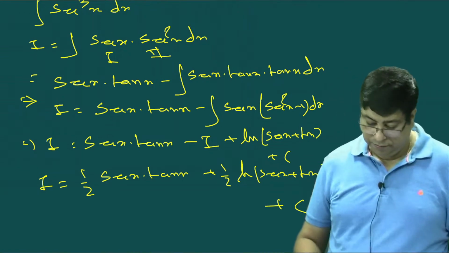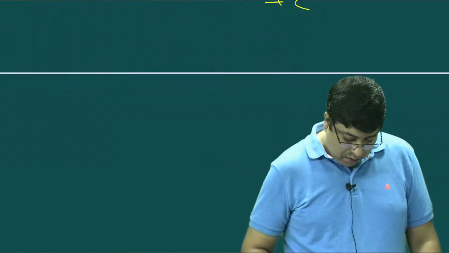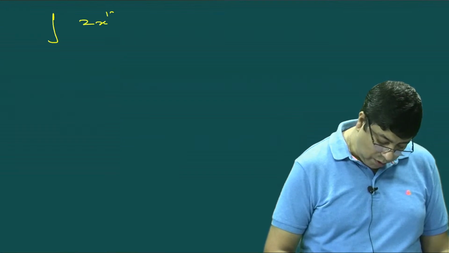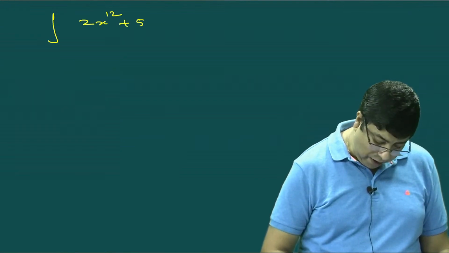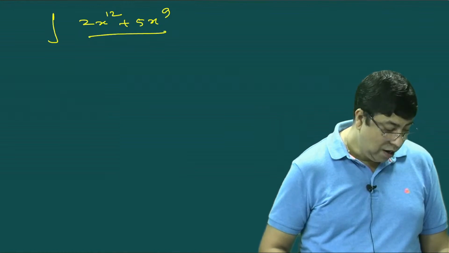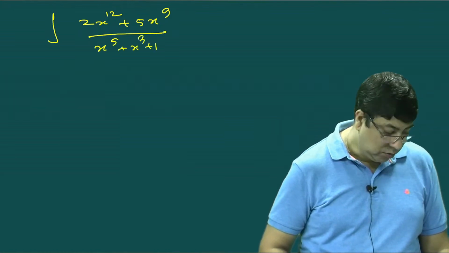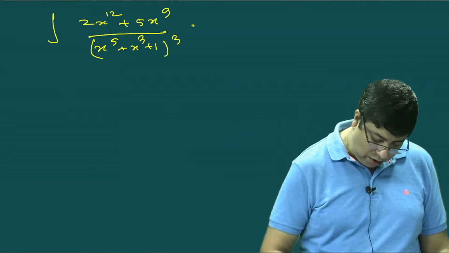Next sum. Next question, integration of 2x to the power 12 plus 5x to the power 9 total divided by x to the power 5 plus x cube plus 1 whole to the power 3 dx.